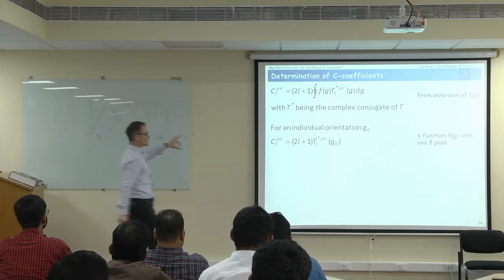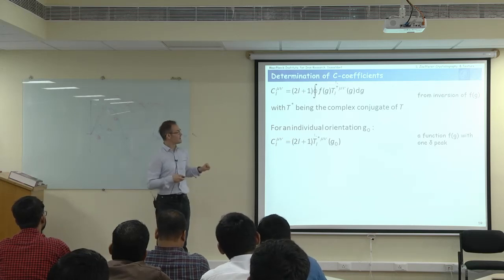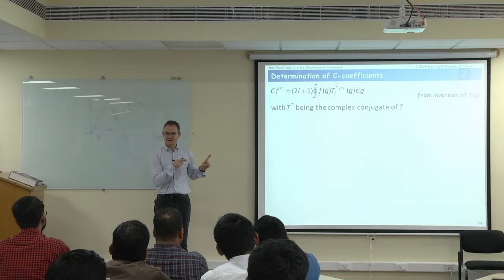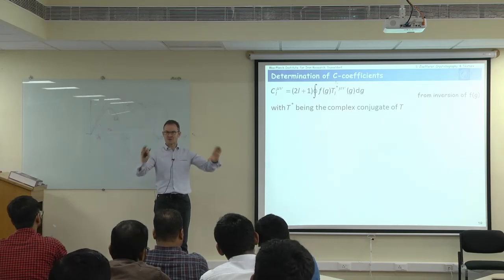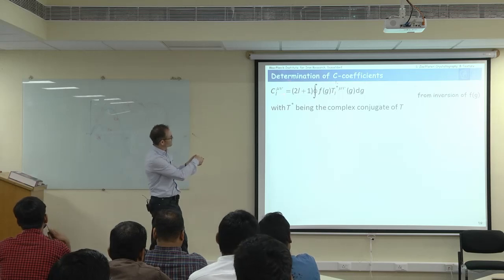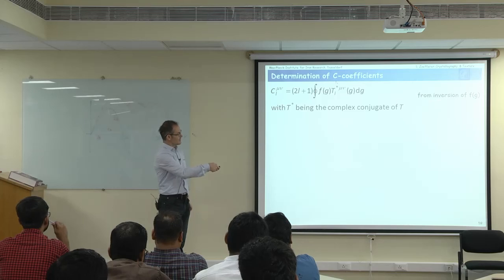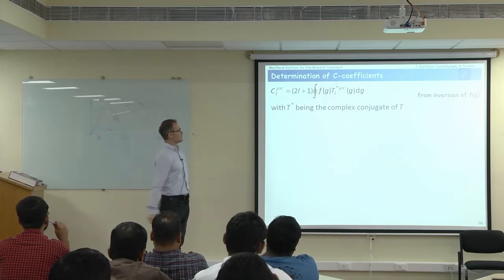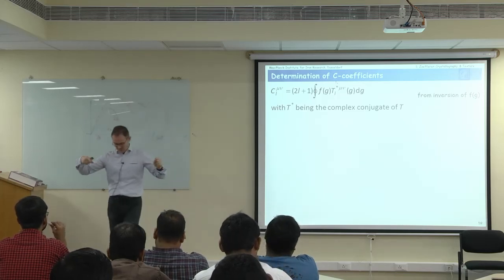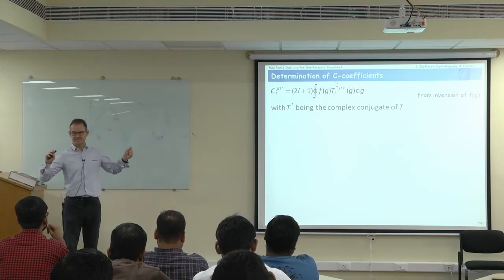If you have X-ray texture measurements, then you don't have orientations, you have just projections of orientations called pole figures. Then you need to calculate the C coefficients out of this projection, that means out of the inversion of the orientation distribution function, and that is quite a complicated process.